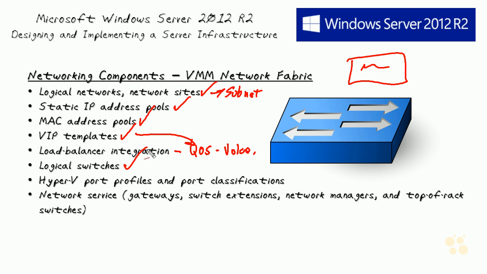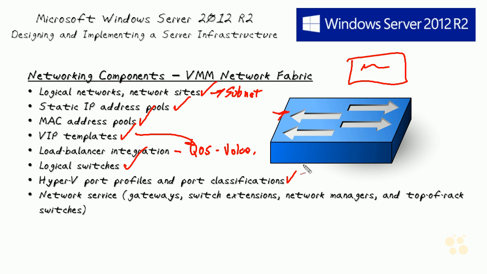Logical switches. The nice thing about having logical switches versus a physical switch is you can do a single configuration to many different hosts. You can do logical to Hyper-V port profiles, uplink profiles, port classification, and then even use virtual switch extensions, which are kind of cool, which we'll talk about in just a second.